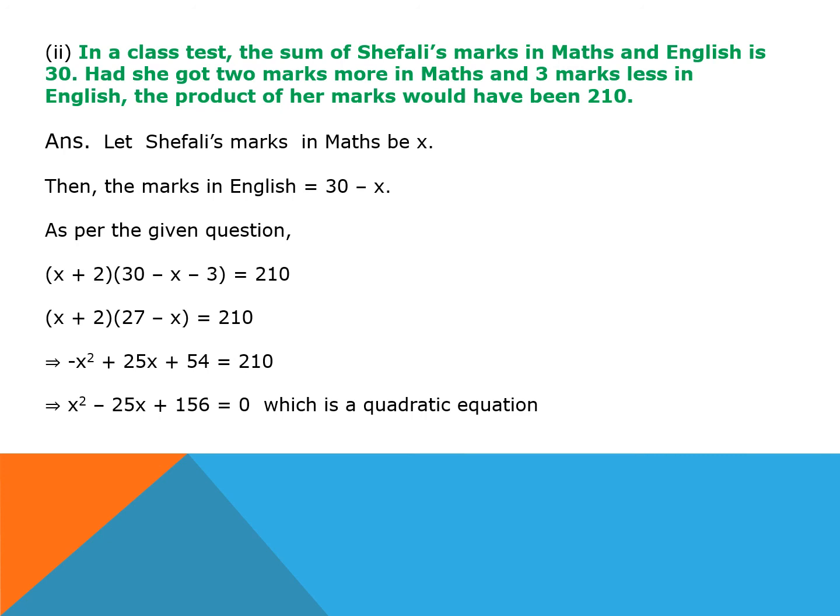Therefore, her marks in English will be 30 minus x. As per the given question, (x plus 2) into (30 minus x minus 3) equals 210. After solving the above equation, we get x square minus 25x plus 156 equals 0, which is a quadratic equation.